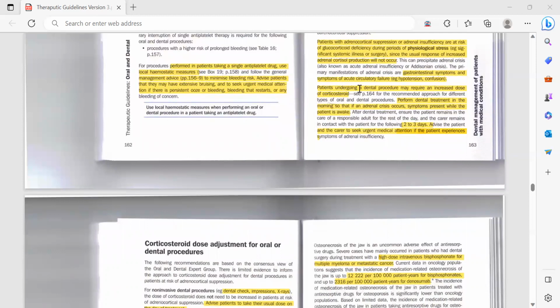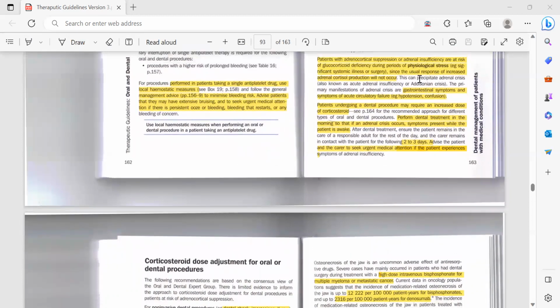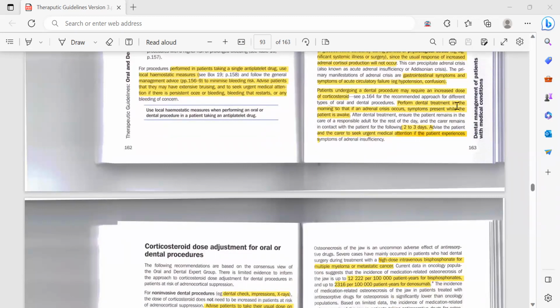Patients undergoing a dental procedure may require an increased dose of corticosteroid, because the dental procedure would increase the physiological stress in the patient's body. To cope with that stress, the patient would need an additional dose. For the recommended approach, perform dental treatment in the morning so that if an adrenal crisis occurs, symptoms will present while the patient is awake.